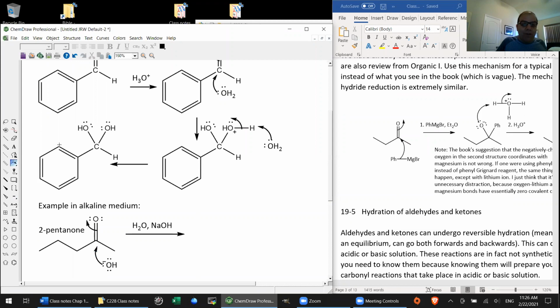We break the carbon-oxygen pi bond, and we get an intermediate with a minus charge. We get, again, a tetrahedral intermediate. And that is completely fine. So over here, we've got O minus.